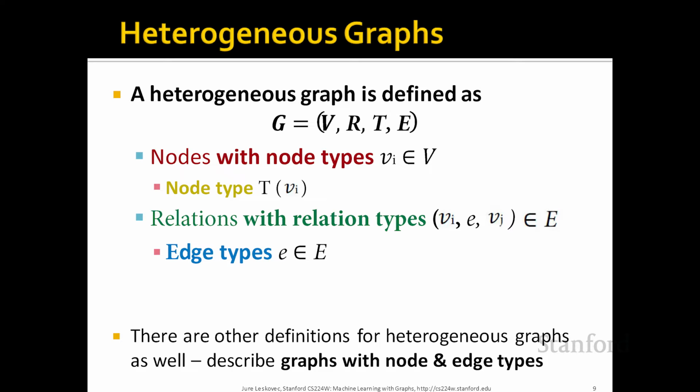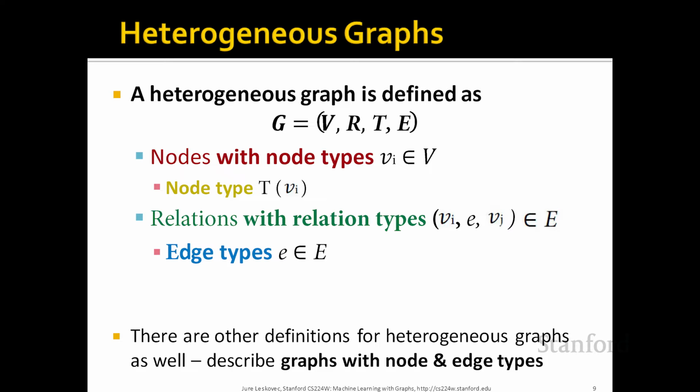We then additionally define the relations within this heterogeneous graph. As we have motivated, instead of using one single edge to represent a relation, we use a tuple with 3 elements: the starting node Vi, the edge e, and the end node Vj. And out of all the possible relations, we use a set R to represent all the relations.